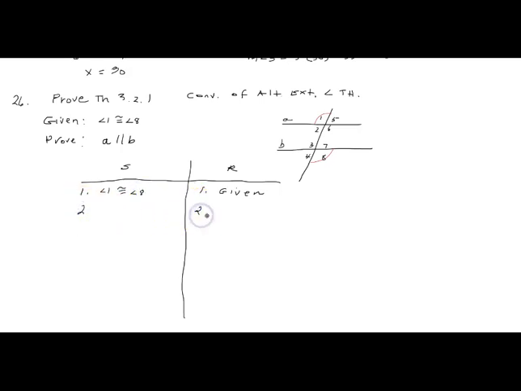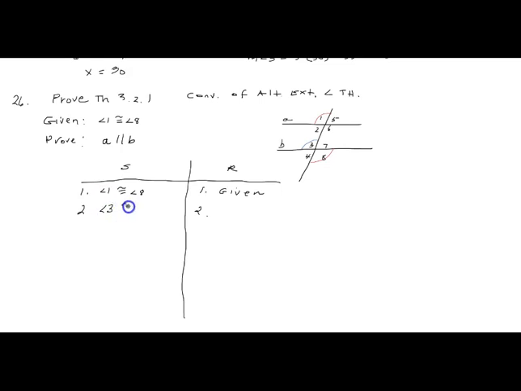Our second step. There are actually a couple of different proofs you can do for this theorem, but I'm going to do the shortest one. We're going to say that angle 3 is congruent to angle 8. I look for the easiest thing that I can prove, and vertical angles are always easy to prove.